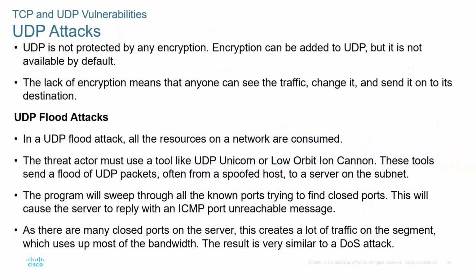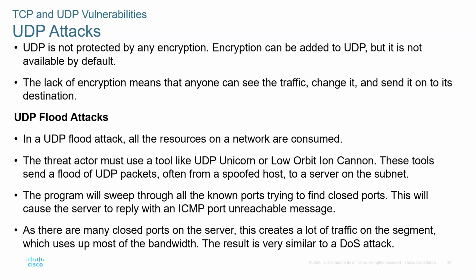All right, so UDP attacks. Just remember, type the 2 bullet points. UDP doesn't come with encryption. It's not protected by encryption whatsoever. So all these segments are unencrypted, and they need to be encrypted otherwise.